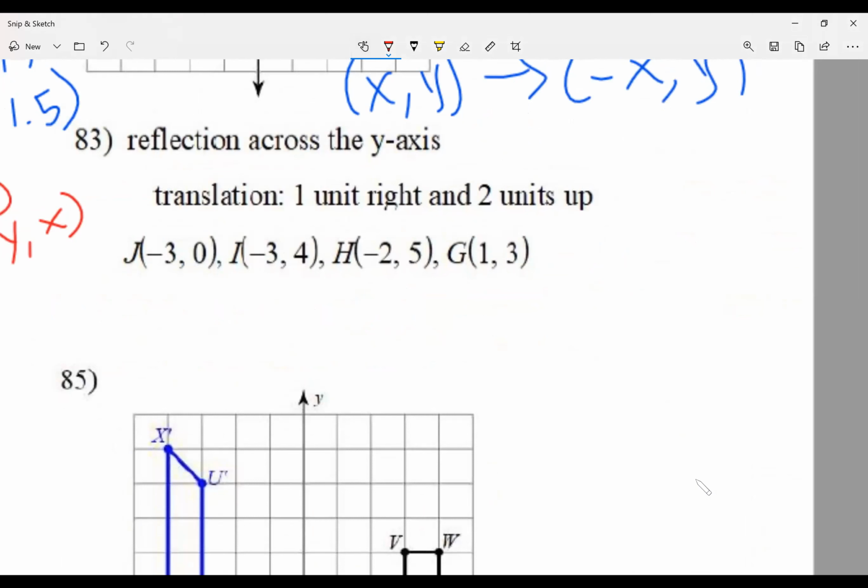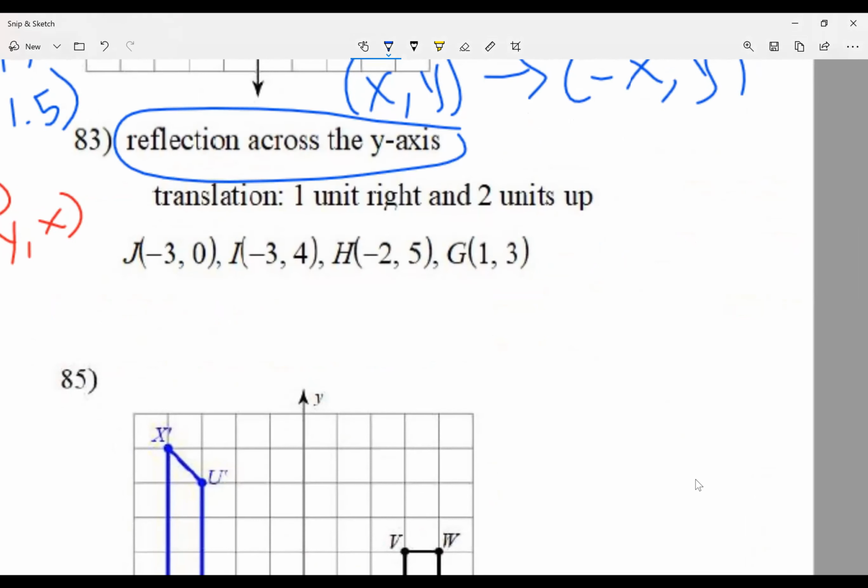Let me choose point J, just to choose one. So my first transformation says reflection across the y-axis. I take a look at my notes and it says reflection across the y-axis, I get (-x, y). So what that means is I'm just going to switch the sign on the x.